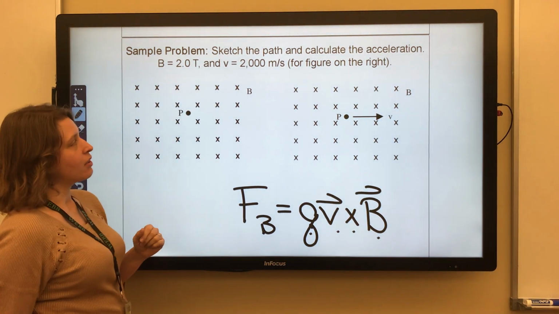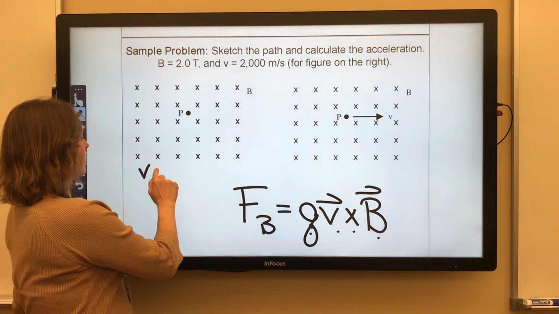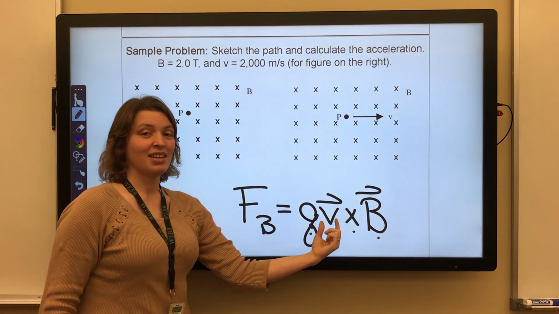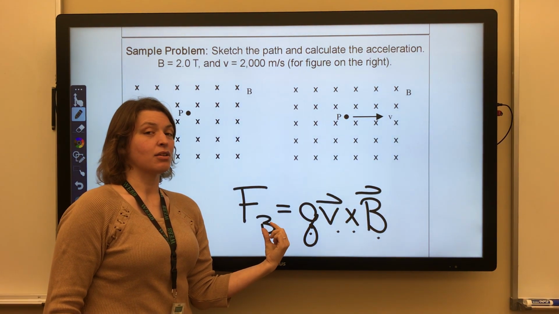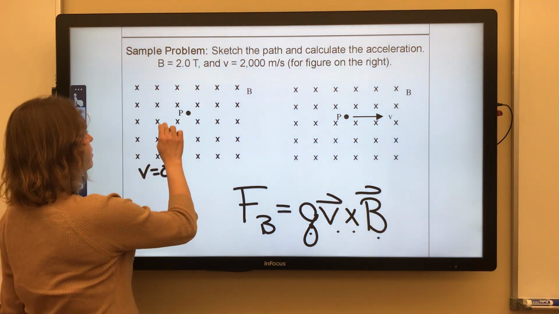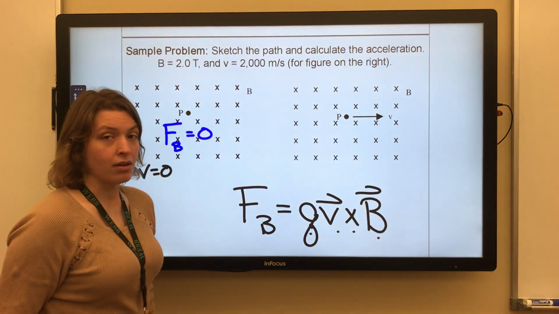I look here at this particle, and in this problem, our initial velocity is 0. If there's no velocity, there's no Lorentz force. There's no magnetic force on this object. And so this object right here experiences no force at all.